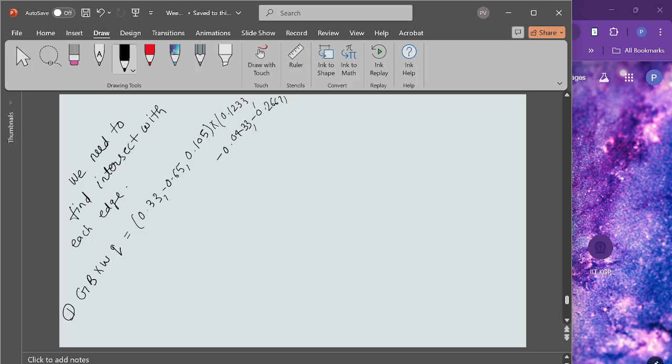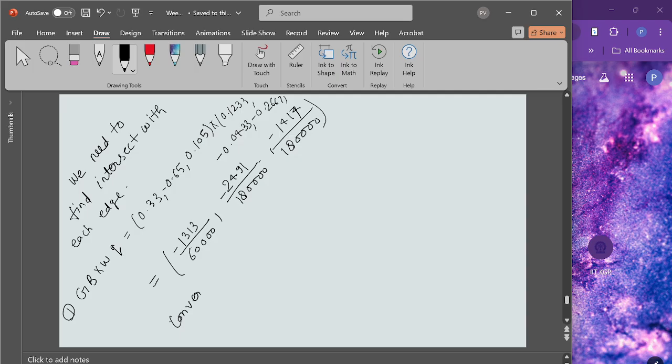If you take the cross product of these two, you will get minus 1313 divided by 1000, minus 2491 divided by 18, and minus 141417 divided by 18,000.